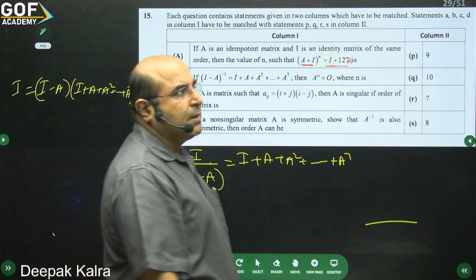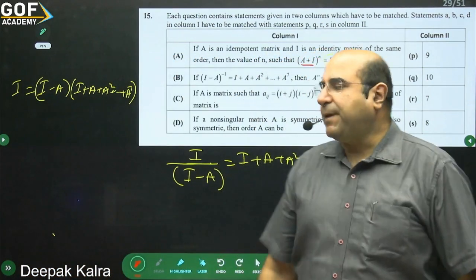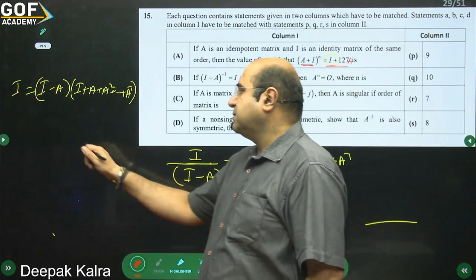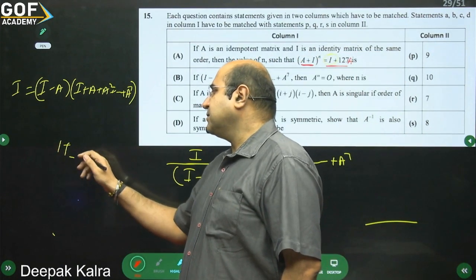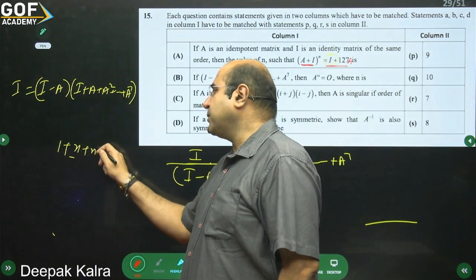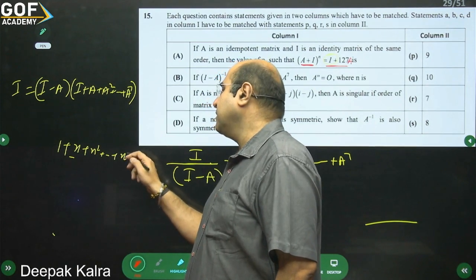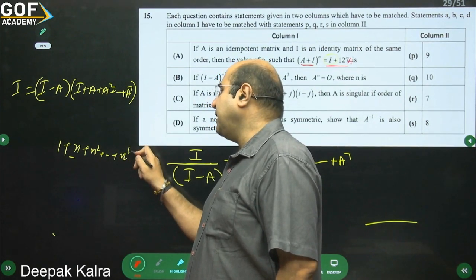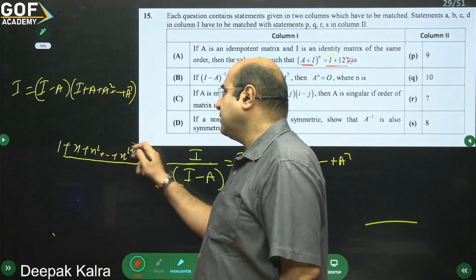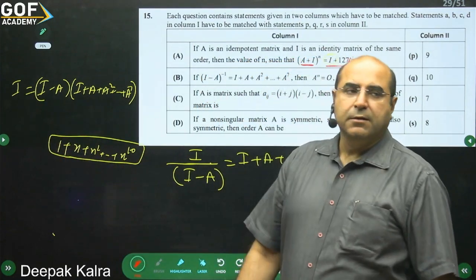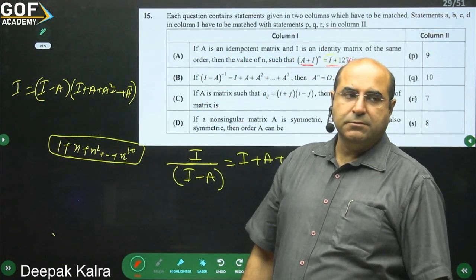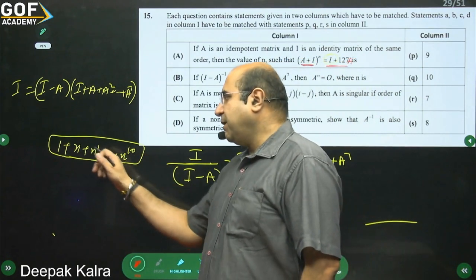Okay. You understand there is some algebraic part. You must be knowing that 1 plus x square up to x power 10, let us suppose. How many terms are there? 11 terms.